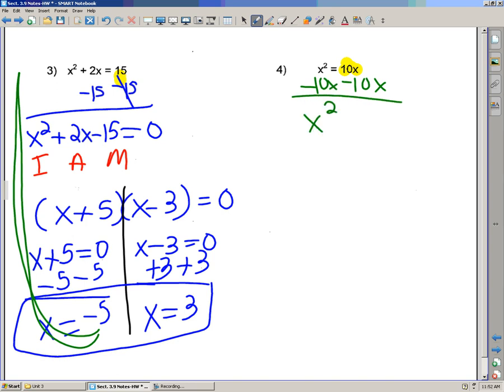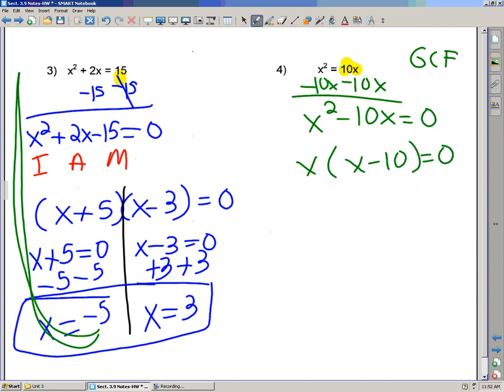We just end up with x squared minus 10x equal to 0. We've got 2 terms and a subtraction sign, but we don't have perfect squares for both. So for that reason, this is going to have to be factored by GCF. GCF is an x. Open up a parenthesis, what's left over is x minus 10 equal to 0.